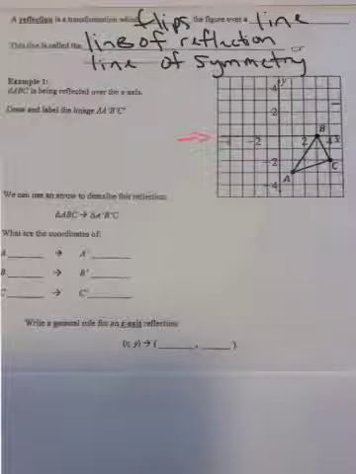So let's look at our original coordinates first. Point A is located at 1, -3, and point B is located at 3, 0, and point C is located at 4, -2. If we're reflecting this over the x-axis, that means we're just going to flip it.